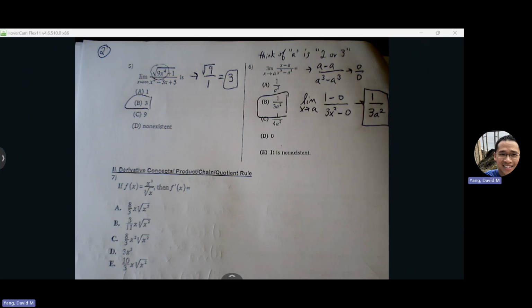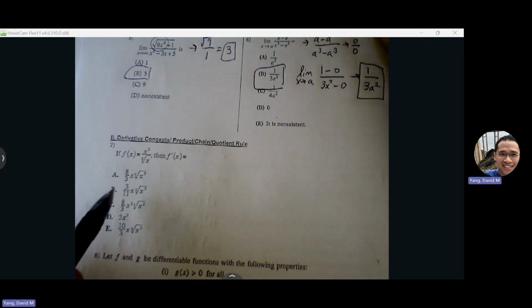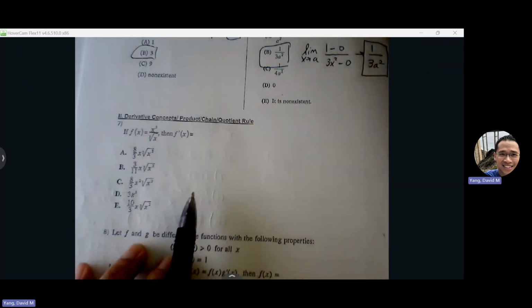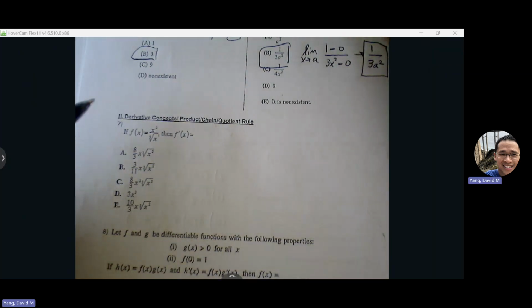Okay, number 7. We have f of x equals x cubed over cube root of x. Now we're moving on to just finding straightforward derivatives here. You may be thinking, wait, maybe I've got to go through quotient rule here.